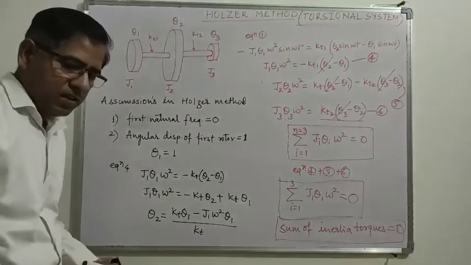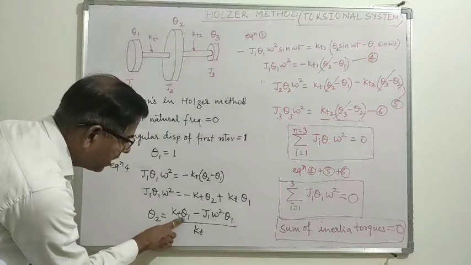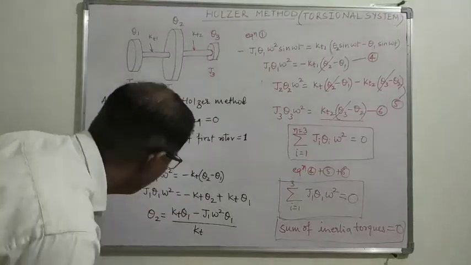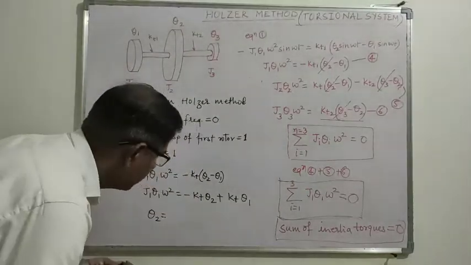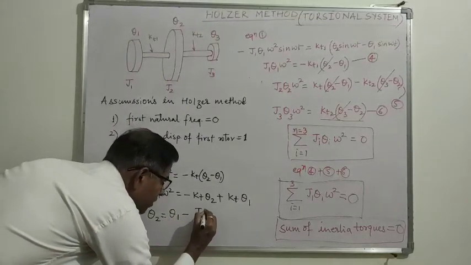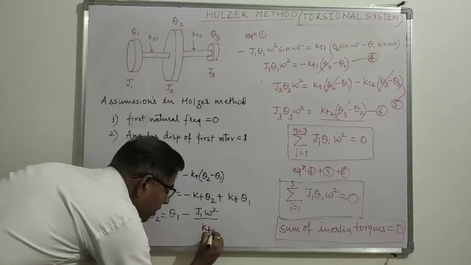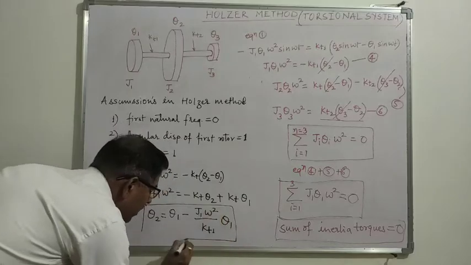This kt will get cancelled, so theta 1 remains, and kt remains. So theta 2 can be written as theta 1 minus J1 omega square upon kt1 into theta 1. So this is theta 2.